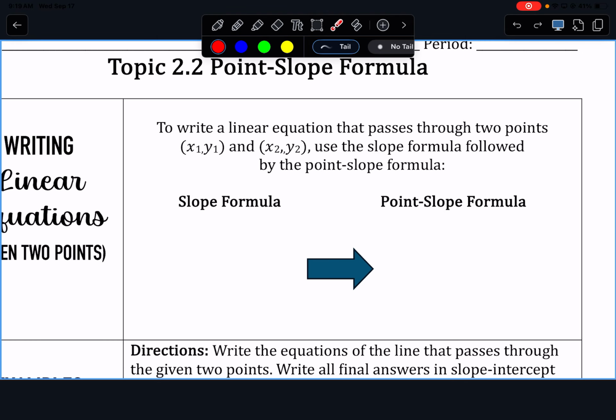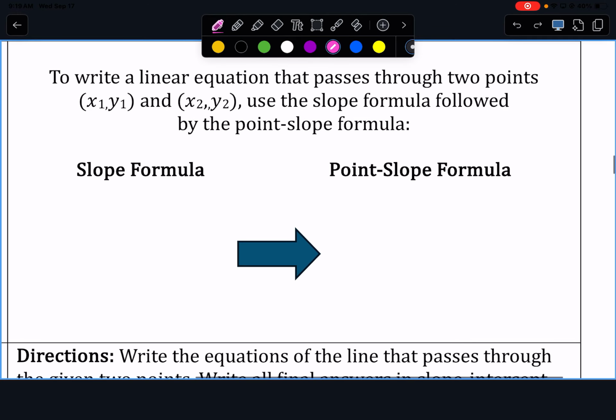All right. So now, the second thing we're going to look at today is whenever we are given 2 points. Occasionally, it will ask us to write the equation of a line that goes through 2 points. When it does that, we have to first find our slope. What is the formula we can use to find slope?